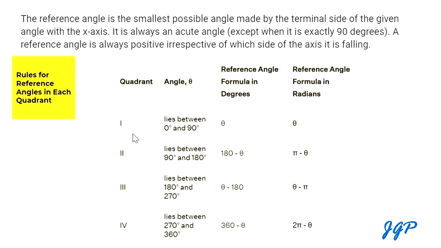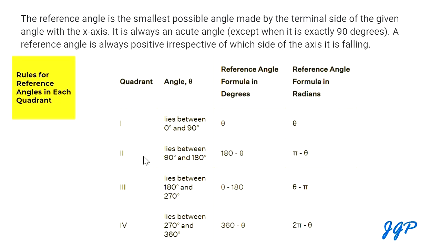So in quadrant 1, if theta lies between 0 to 90 degrees, the formula kapag degree ang given is theta. So, ibig sabihin, kung napansin ninyo na ang given ay an acute angle, automatically, the reference angle is the angle itself. Like, for example, 30 degrees. 30 degrees din ang kanyang reference angle. Same with if the given angle is in radian measure. So, theta lang din siya.